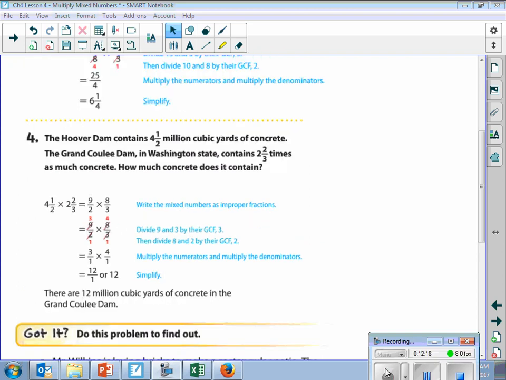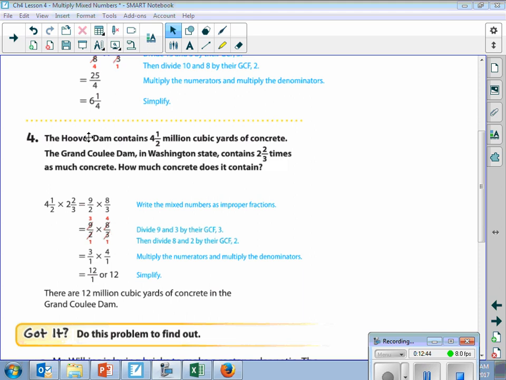All right, now with the word problem here, it says the Hoover Dam contains 4 1/2 million cubic yards of concrete. The Grand Coulee Dam in Washington State contains 2 2/3 times as much concrete. So that means that we're going to multiply how much the Hoover Dam is. We're going to multiply that times 2 2/3 times that much. Does that make sense?